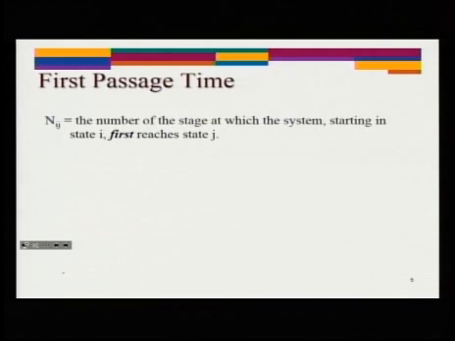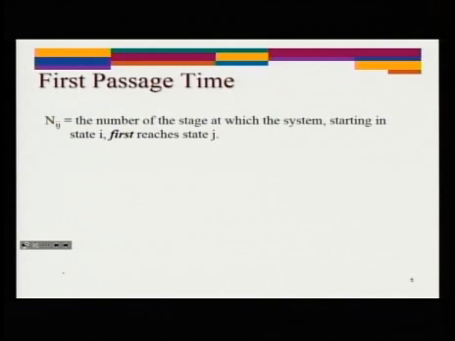Okay, first, N sub ij, which is the first passage time, okay? That is capital N sub ij. In other words, that is the number of stages at which the system first reaches, which means first hits, a certain state j, starting from state i.